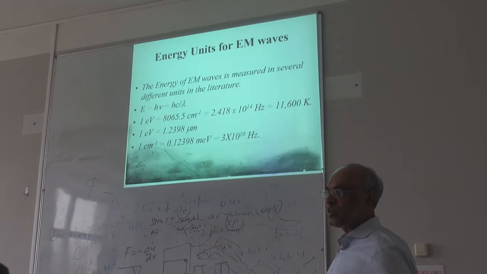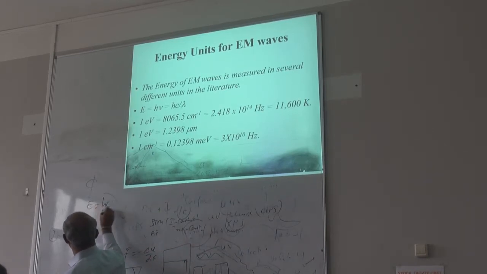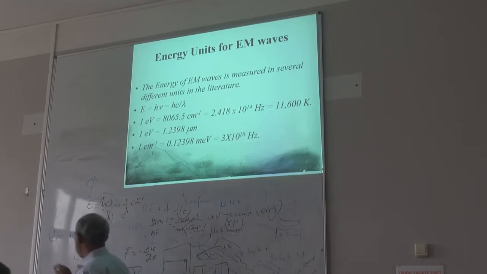Because in Raman spectroscopy, the x-axis is always written as centimeter inverse, because we know that's the right energy scale, right? Because E is hc over lambda. So this is an inverse length scale. So don't get confused.